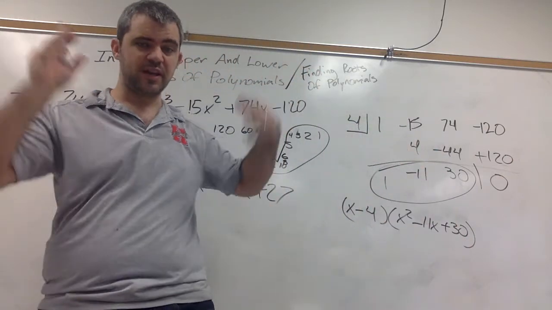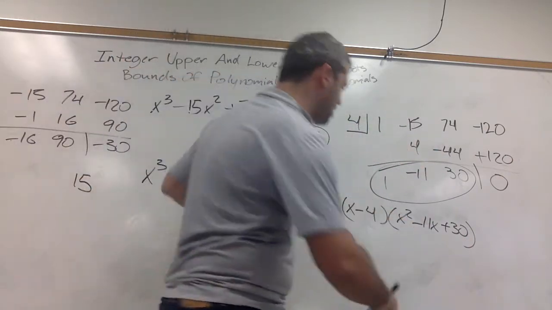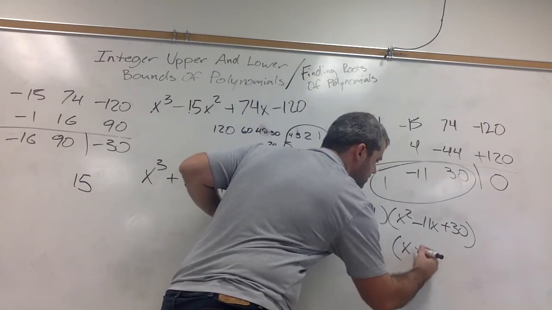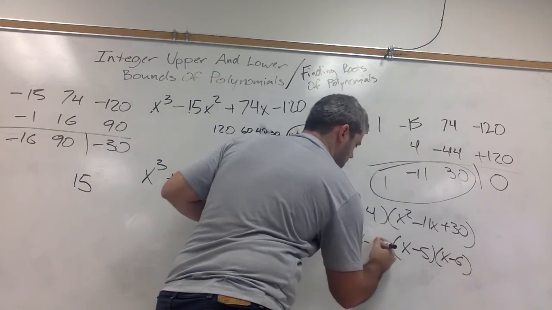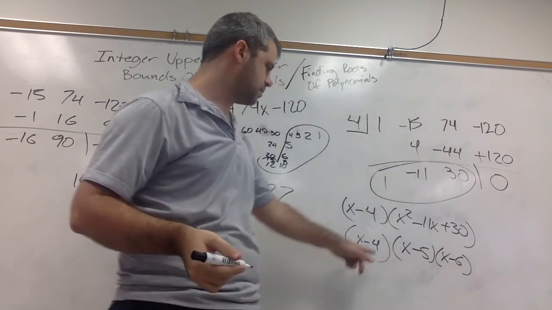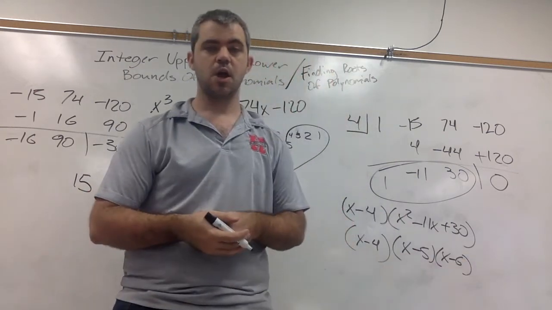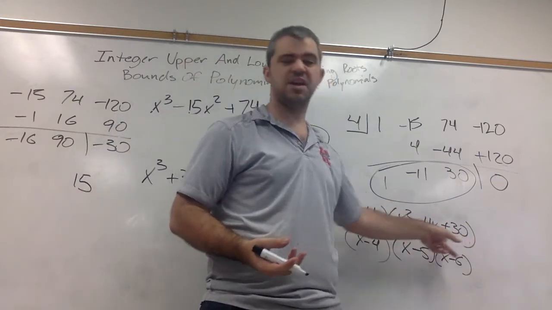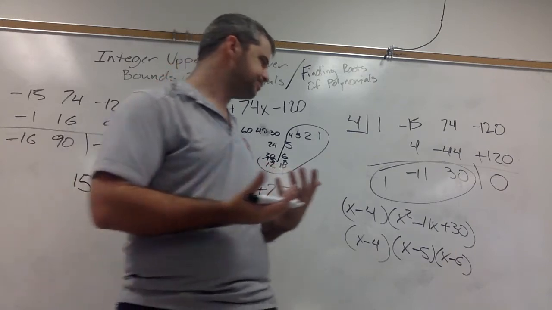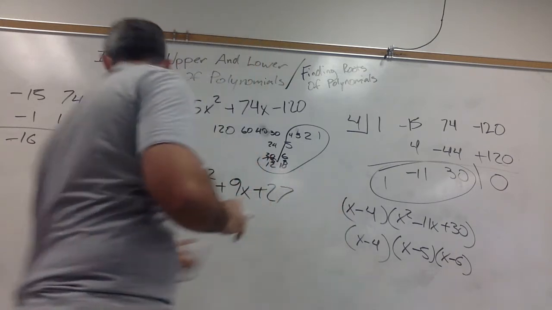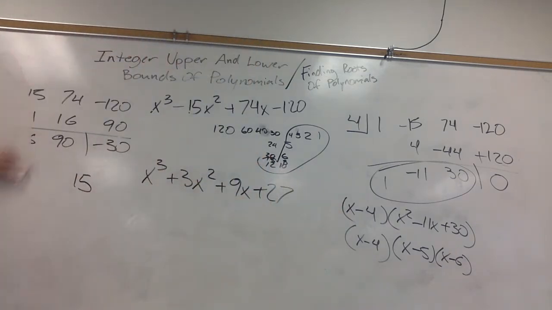We don't have to do any fancy stuff. Here I can go, okay, this is x minus 5, x minus 6. So our solutions wind up being 4, 5, and 6. Or sometimes this is going to be something that's gross that we have to do quadratic stuff on. So that was the first example. Let me do one more.